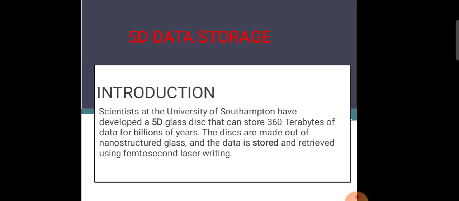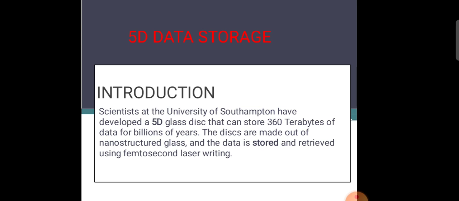5D data storage. Introduction. Scientists at the University of Southampton have developed a 5D glass disk that can store 360 terabytes of data for billions of years.